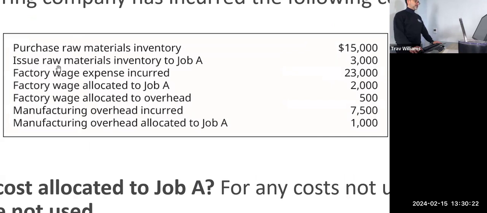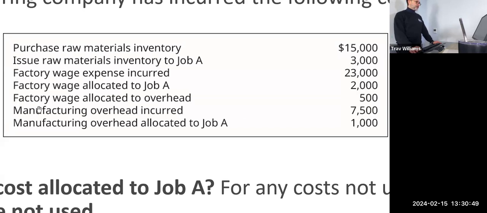However, the next line says they issued some raw materials inventory to job A. So those costs are specifically associated with that job. Then they incurred some factory wage expenses. That just means that they counted up how much their workers worked, but they haven't allocated to any jobs until the next line. They allocated $2,000 to job A.